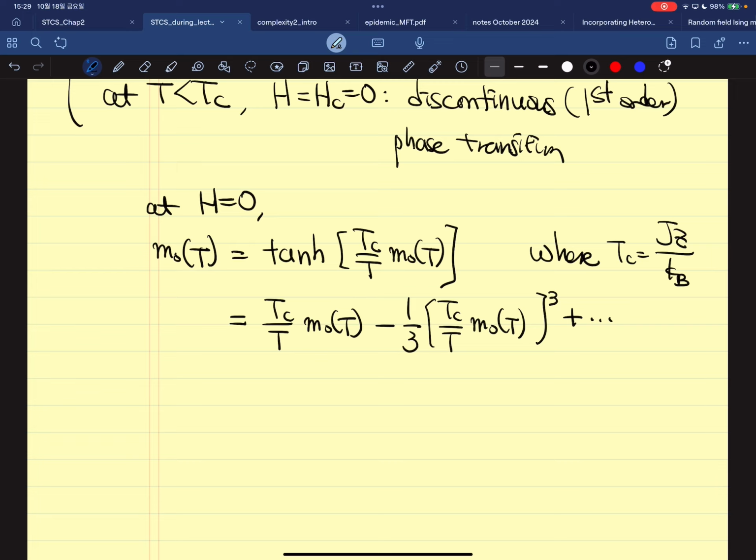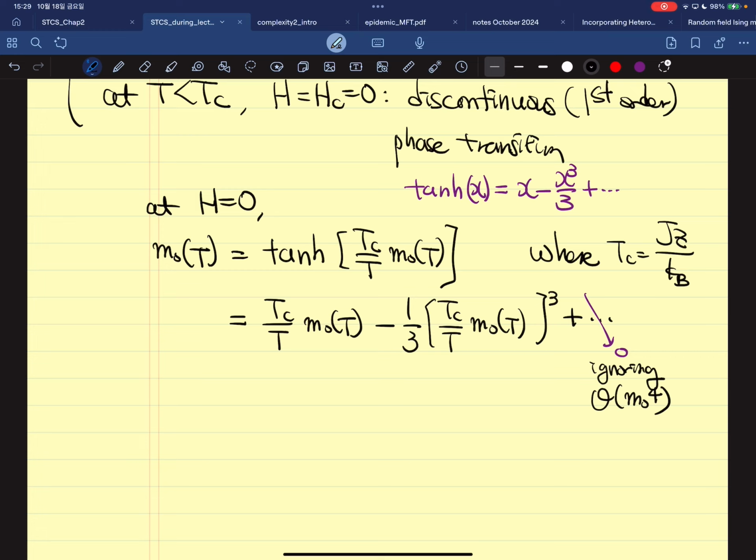The Taylor series of hyperbolic tangent is x minus x cubed over 3 or something like that. And of course, we ignore the higher order terms, fourth order or higher.